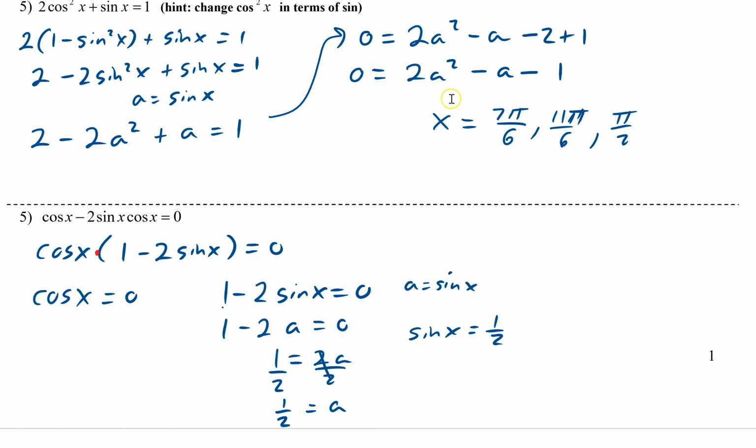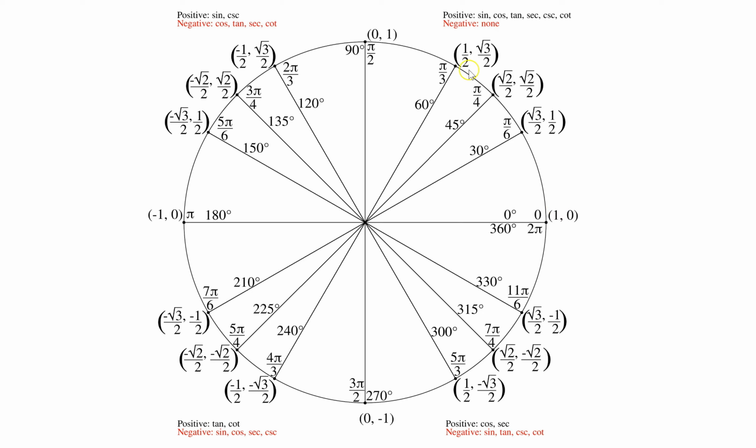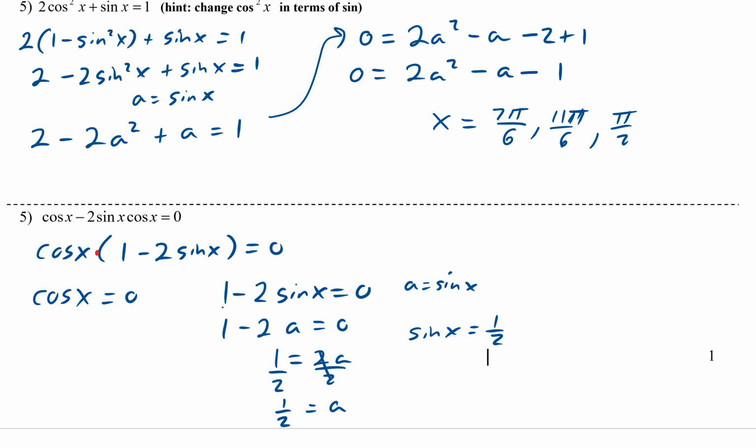So there we go. So we need to know, when does cosine x equal 0? We'll start there. So when is our x equal to 0? Right there, and right there. So at pi over 2 and 3 pi over 2. And so what that means is if we plugged pi over 2 into cosine x, it would become 0.